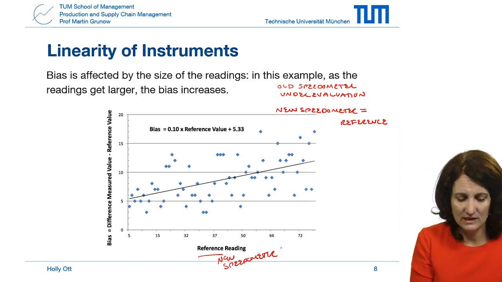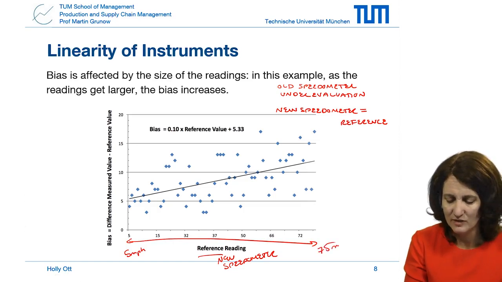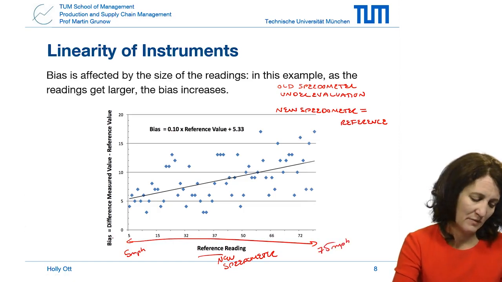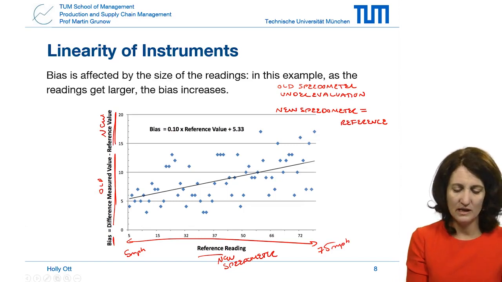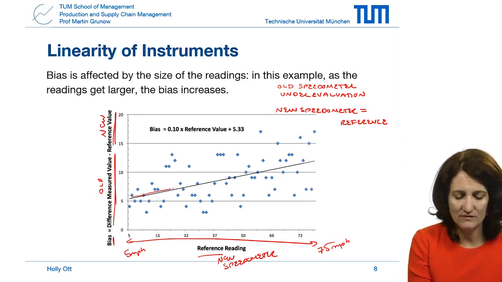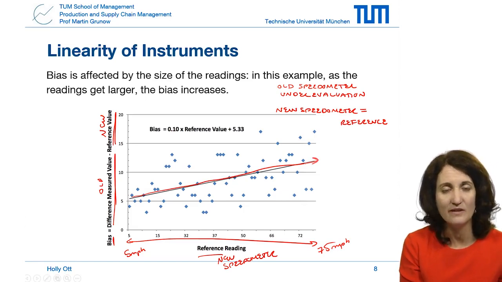We see a range of values from 5 miles per hour to about 75 miles per hour. The bias is the difference between the old speedometer and our reference, the new speedometer. You can see that this difference is changing as we go from low values to high values.